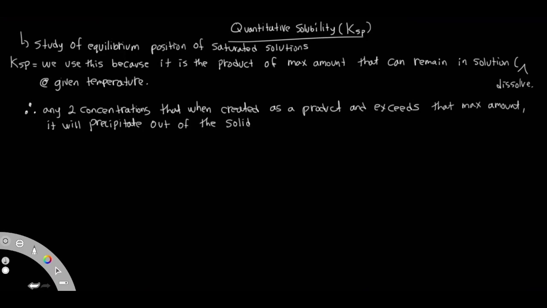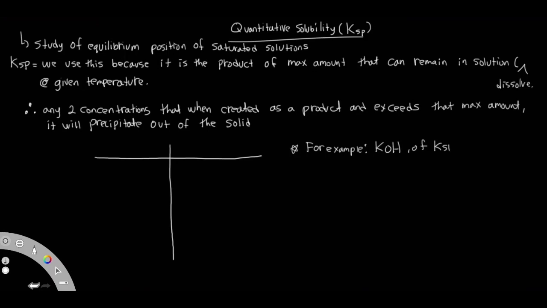I want you to have a look at this example here, potassium hydroxide. And this potassium hydroxide has a Ksp equaling 16. What does this mean? Well, just again, as a disclaimer, I want to put this all as moles per liter.